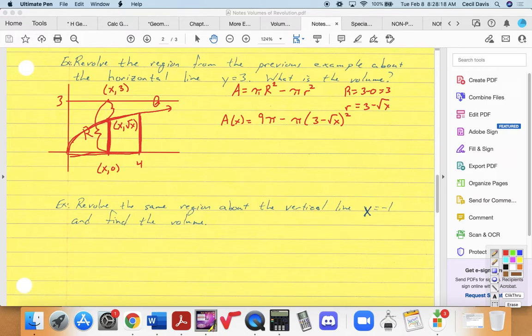I'm going to go ahead and do it by hand just to kind of show you how it works. Most of the time, these are going to be calculator active, right? Not all the time, but most of the time. But this is doable by hand. I would want to simplify this some. This is going to be 9 pi minus pi times, when I square this, that's going to be 9 minus 6 square root of x plus x.